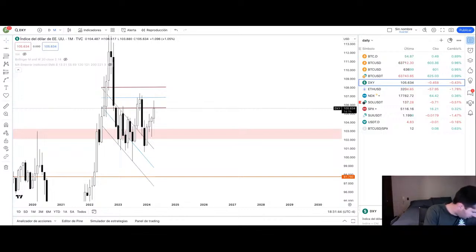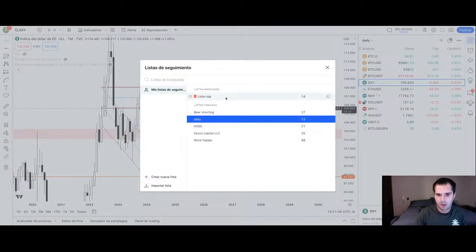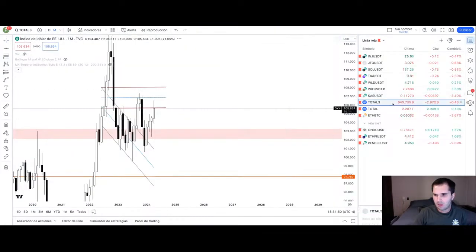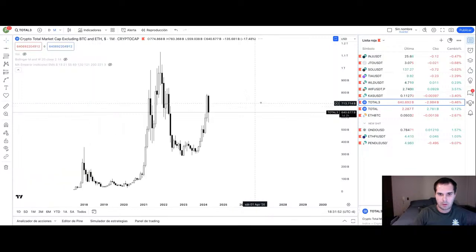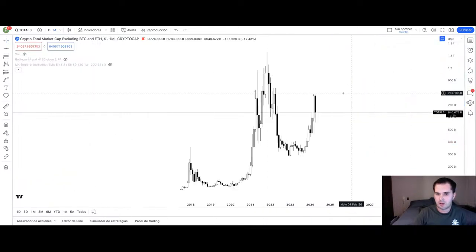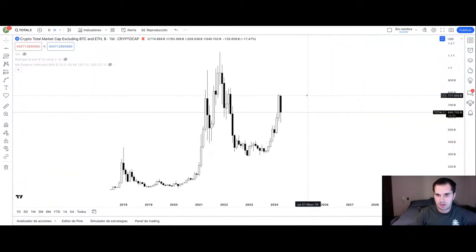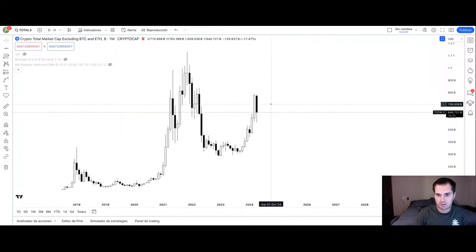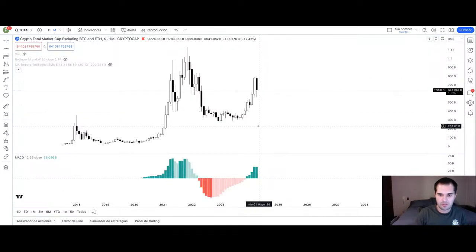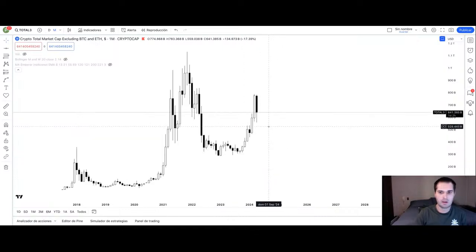Total 3. Let's look at totals. Okay, total 3 is basically your altcoin index. Just looks quite similar to the Bitcoin candle, not being able to bearishly engulf. It's obviously way lower. It's not at all-time highs. Green momentum candles is on the MACD histogram still printing.